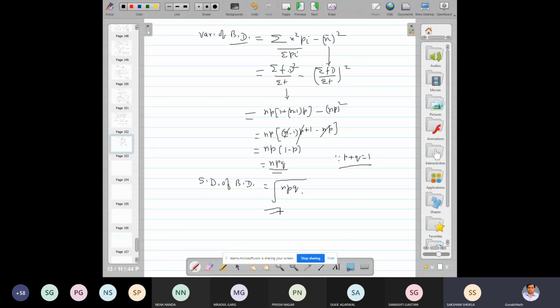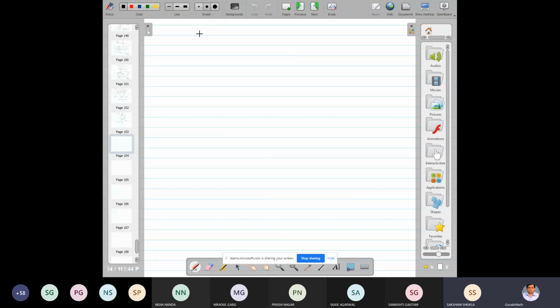Next, the recurrence formula for the binomial distribution.